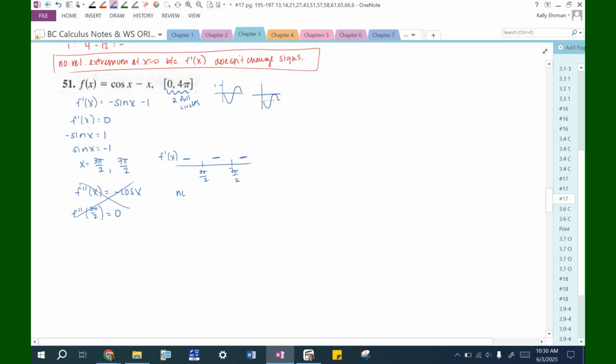So there are no relative extrema. This time I'm talking about max or min. On f of x, because f prime of x is always less than or equal to 0 on 0 to 4 pi. Really for all real numbers, but on our interval of interest.